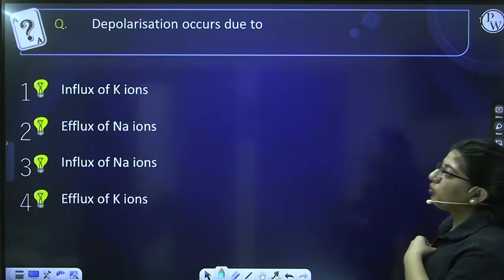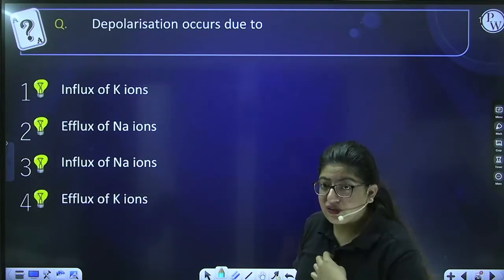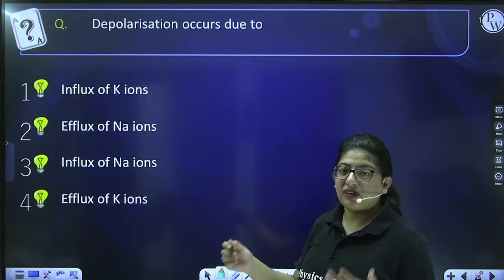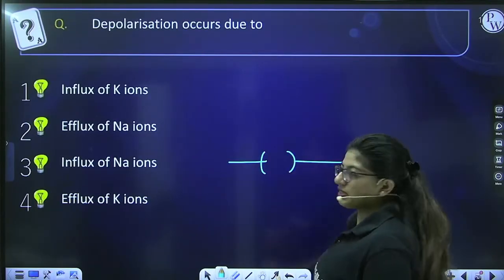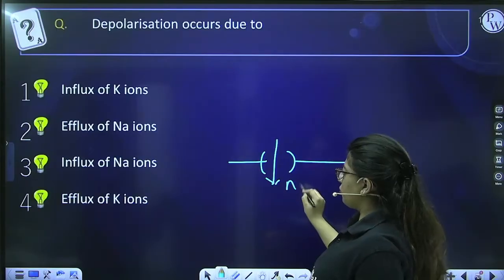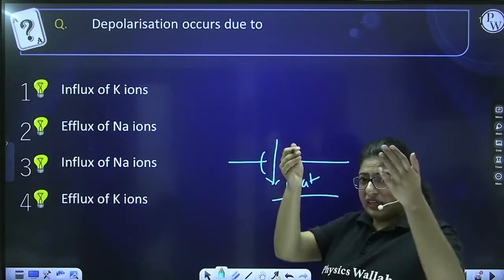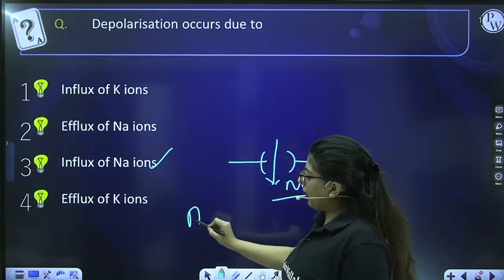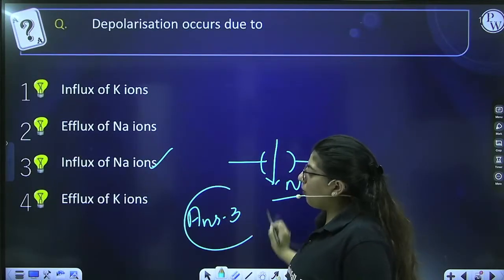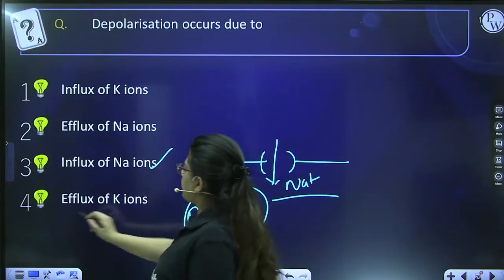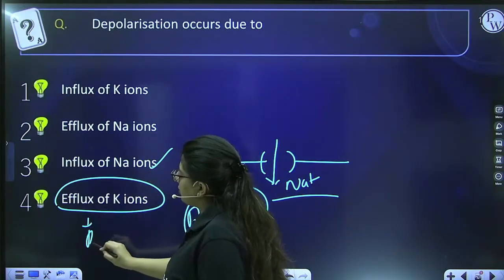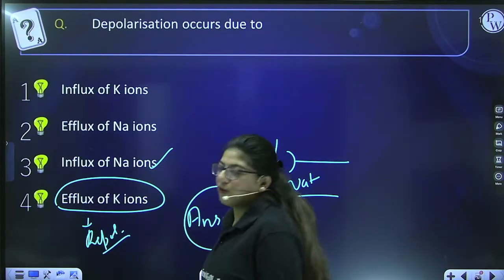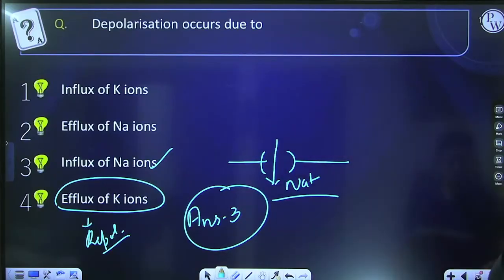Depolarization occurs due to influx of potassium ions, efflux of sodium ions, influx of sodium ions. Very simple. Whenever there is a stimulus, it leads to opening of sodium ion channels. There is influx of sodium ions. Sodium ions enter inside. So influx of sodium ions causes depolarization, and efflux of potassium ions causes repolarization.